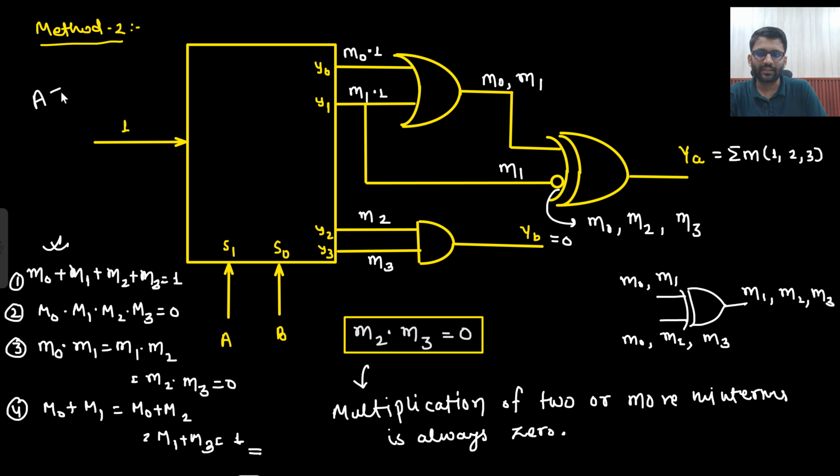What is m0? That is a plus b. And m1 is a bar plus b. So a plus a bar will be 1 and b plus b will be b only. 1 plus anything will be 1 only, so it is always going to be 1. So this was method 2. This is also how you would have solved it.